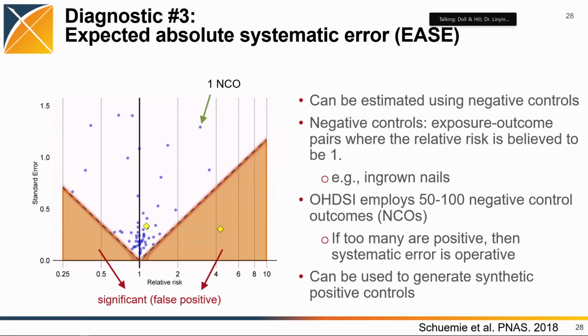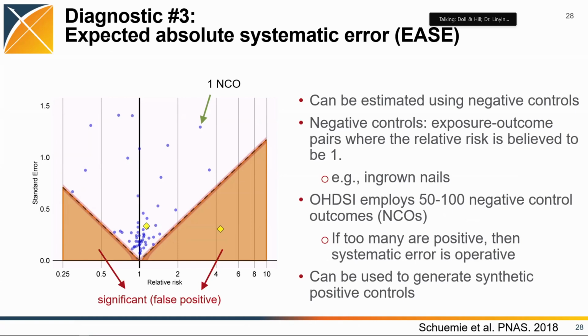The third diagnostic that the community implemented is called expected absolute systematic error. This is estimated using a set of negative control outcomes. A negative control outcome is an outcome that we believe the exposure has no causal effect on at all. For example, think of ingrown nails.